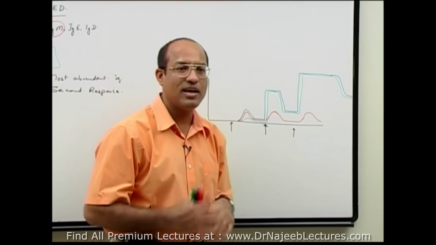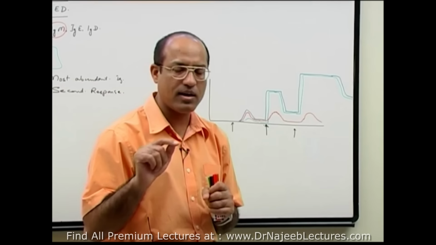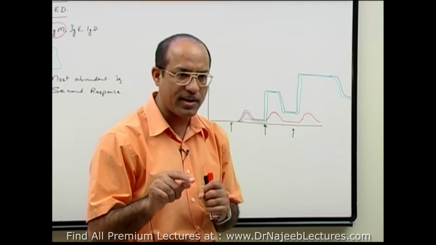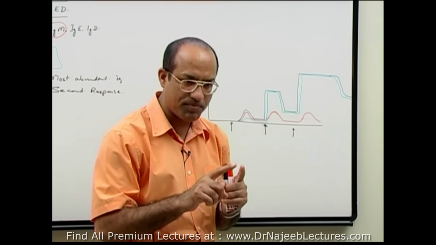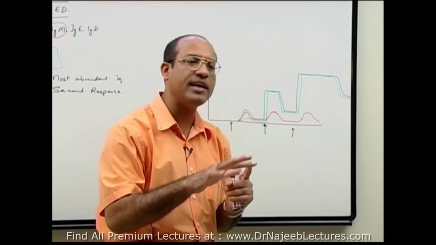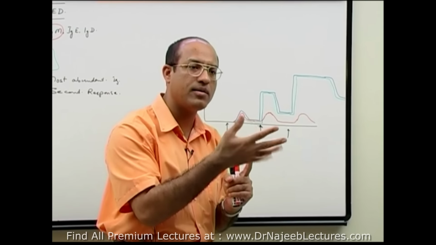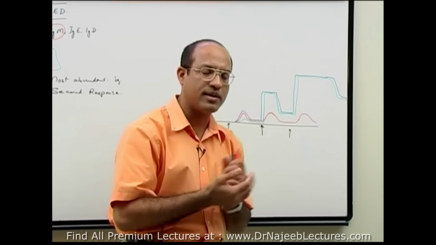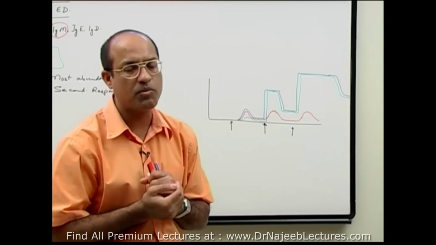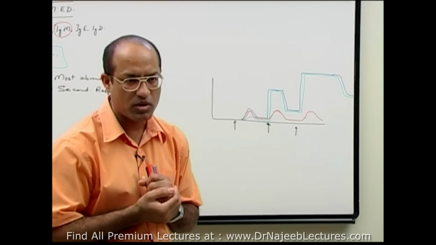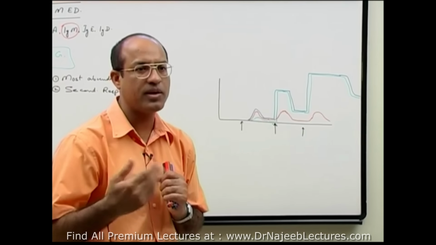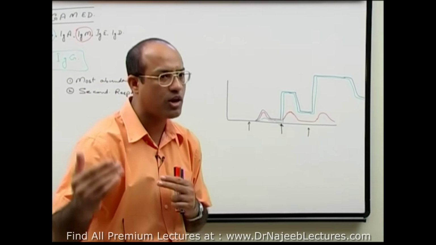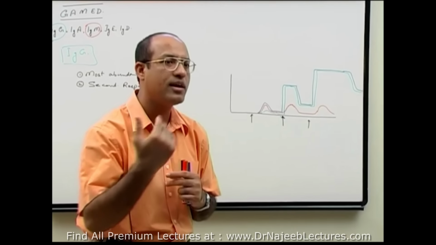That is why if you get antigen today, you will make IgM, right? But IgM's half-life is less, so its levels will go down rapidly in your blood. But in repeated exposure, when you make IgG, because its half-life is longer, it will stay in your body for a longer time.